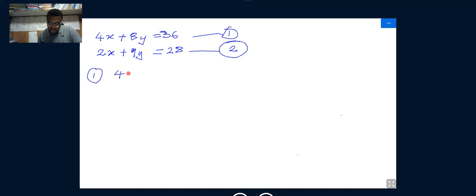So we have 4x equals 36 subtract 8y. Therefore we end up with x equals 9 minus 2y. We call this equation number 3.